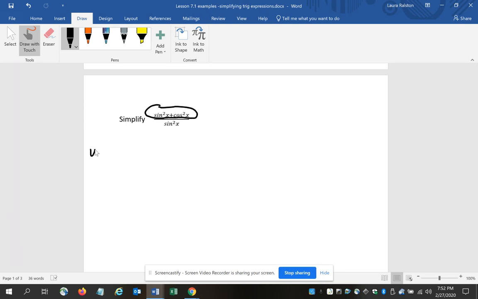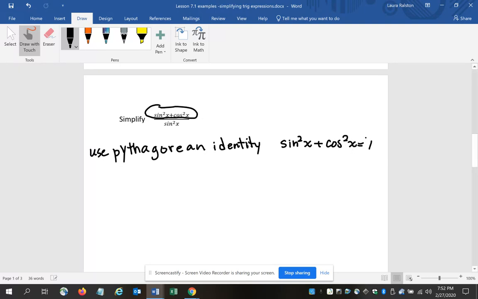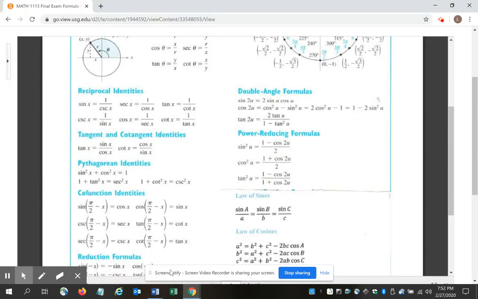And again, I remember that for a Pythagorean identity, sine and cosine are connected. So I'm going to use the Pythagorean identity again. And it is, I believe, sine squared x plus cosine squared x equals 1. We can go over and check that on our formula sheet. Yep, sine squared plus cosine squared equals 1.